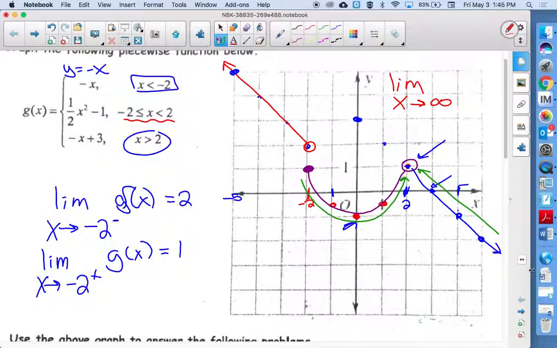So if the question said find the limit as x goes to positive infinity, this graph is going down to negative infinity. I think you'll see in your homework there's a question that asks something similar. Would you have to say if it reached it? If it's infinity, it would never be reached, because we don't know what infinity really is.